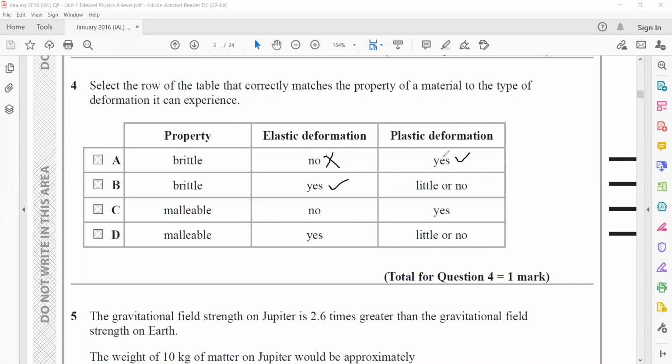So this row is correct. That's why B is the right answer. For malleable, elastic deformation, yes, it should be yes here if it was right, and for malleable, plastic deformation should also be yes. But for a brittle object, there is no or very small plastic deformation, and the object can break.